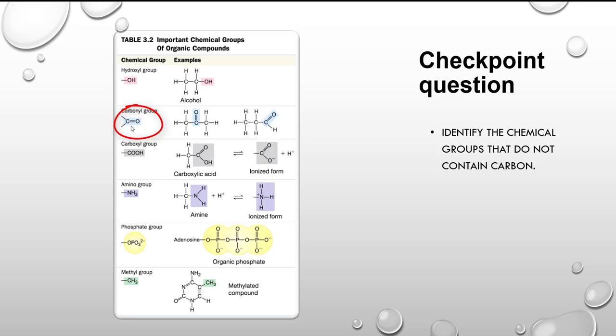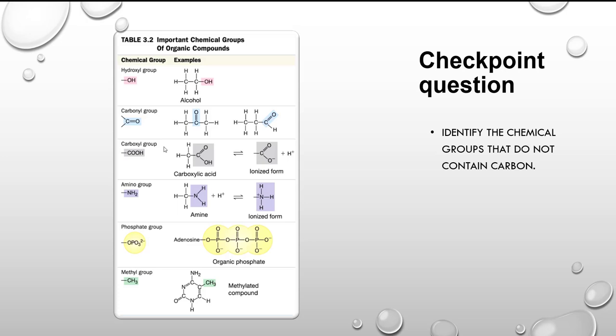So a carbonyl group is just the carbon double bonded to the oxygen. But when we add that hydroxyl group, we get carboxyl. So think carbonyl just has the double bond to oxygen. Here is an example. But when we add a carbonyl group with a hydroxyl group, we get a carboxyl group.